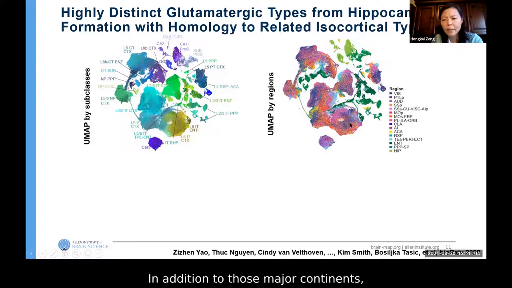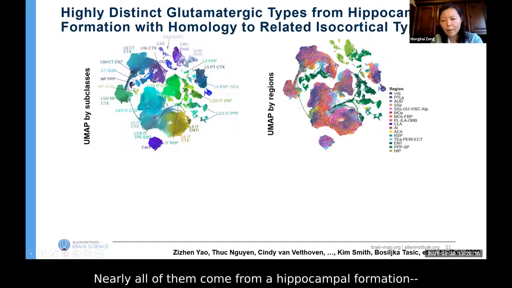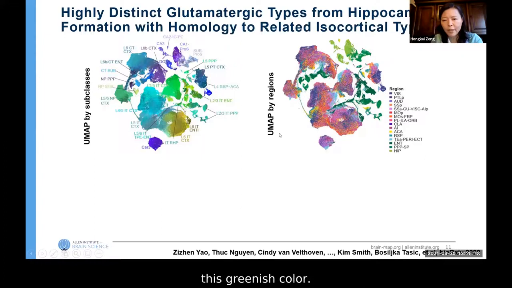In addition to those major continents, there are many highly distinct islands of cell types that we identified, and nearly all of them come from the hippocampal formation, in this greenish color.